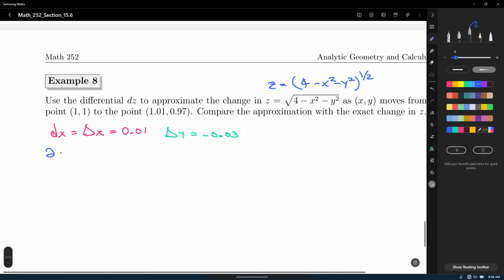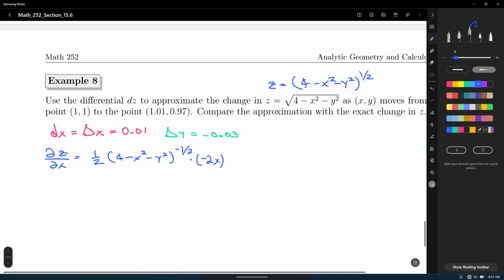So that is the partial of z with respect to x equal to, by chain rule, 1/2 times (4 minus x squared minus y squared) to the negative 1/2, times, careful, by chain rule, the derivative of the quantity in parentheses with respect to x, which is negative 2x. Okay, so divide out the 2's.